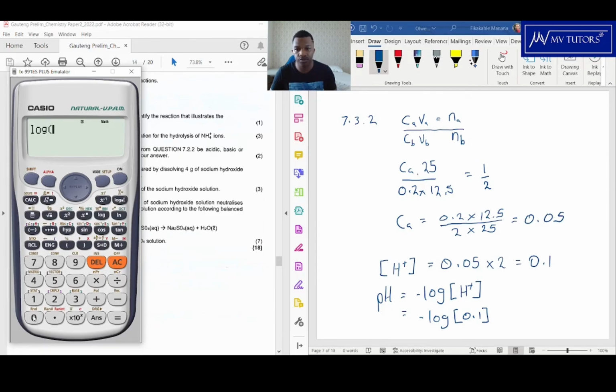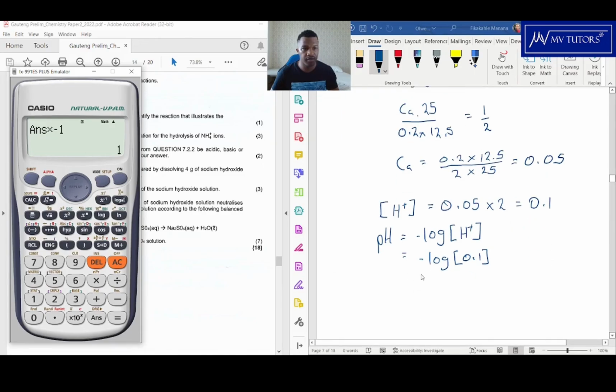Log 0.1, and I get -1. Oh, but there's a minus sign in the formula, meaning we need to multiply by -1, and we get +1. Remember, in my calculator I didn't put this minus. So the pH is +1.